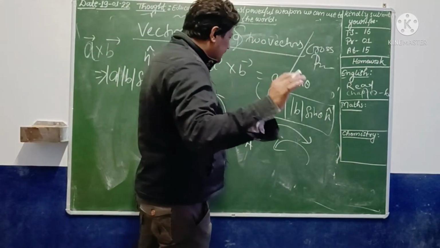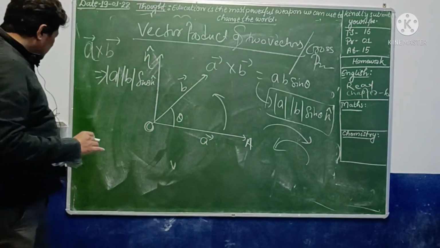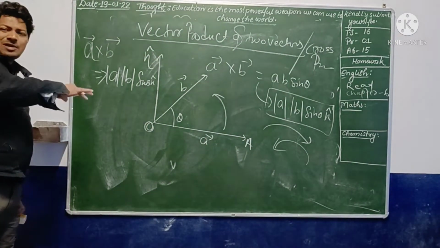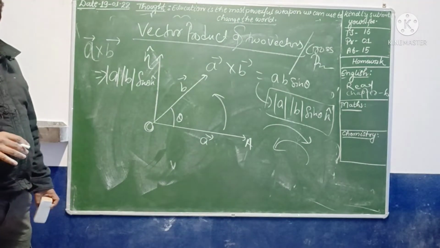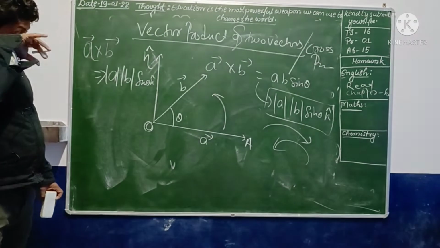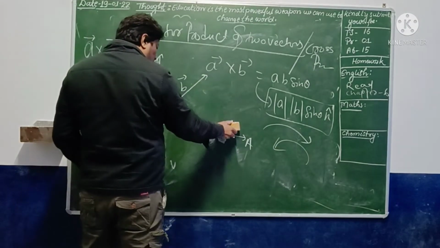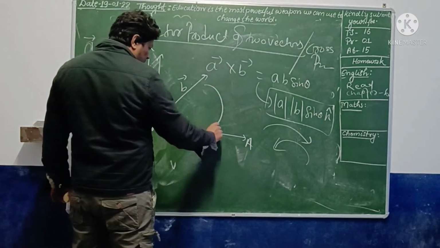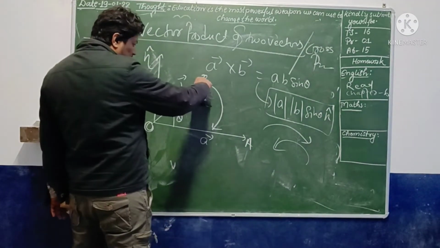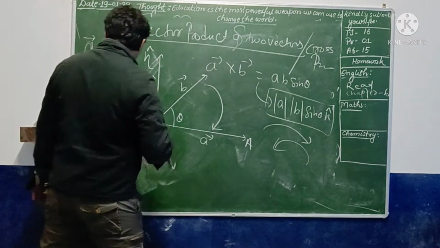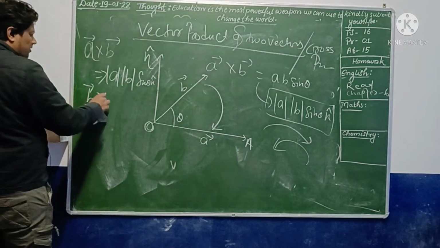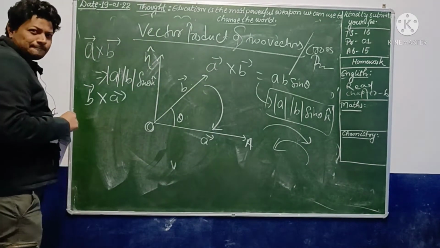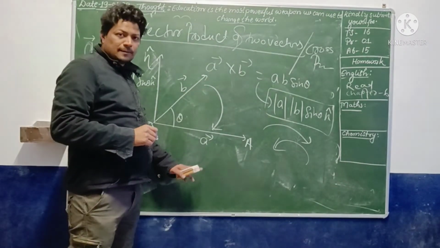But if you change the concept in the same diagram, if you change B to A, if you are coming from B to A, B will be the priority, and then it goes backside, B to A.